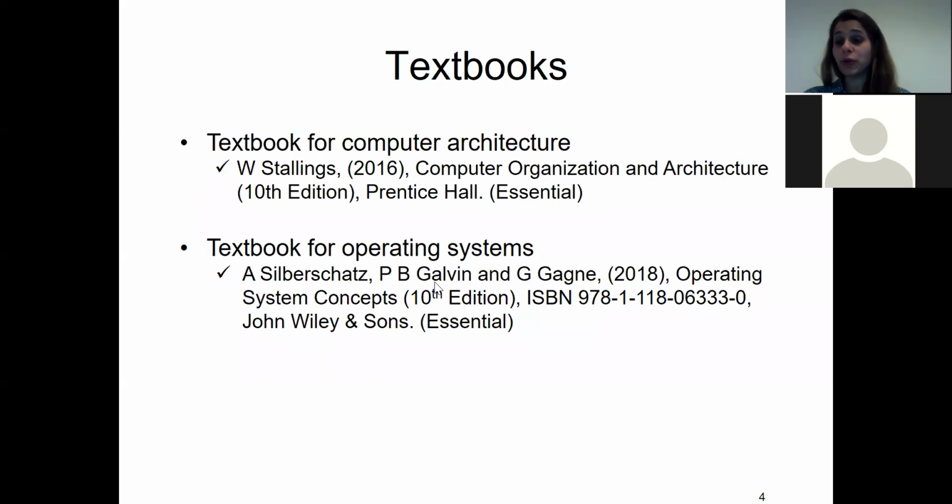These are the textbooks for this module. The first book is for the hardware. All the lecture slides have been taken from that book. This is for the hardware part, which is the first 12 weeks. The second part is the operating system, which is the next 12 weeks from the second book.